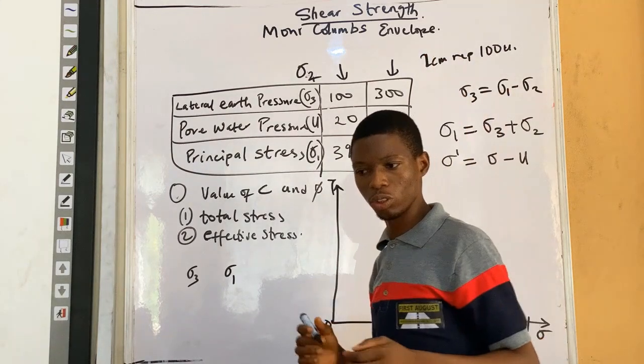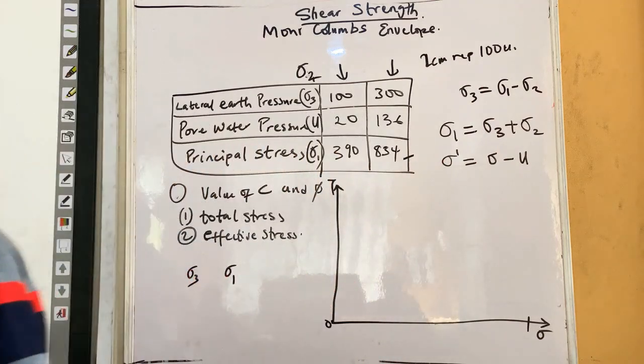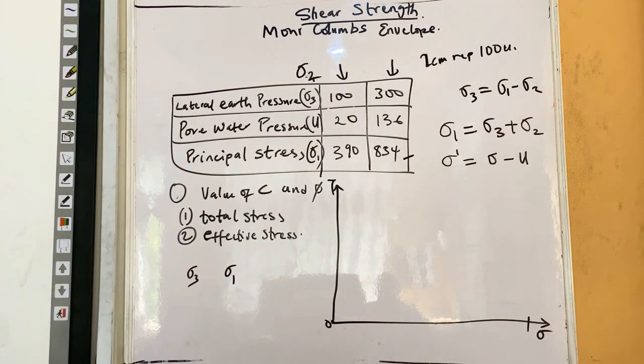If you are using this figure, it's 1, 2, 3, 4, 5, 6, 7. You can get it here. The standard is there now.